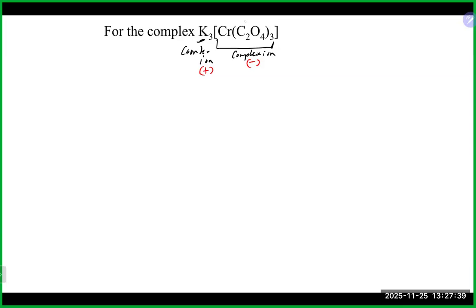That is oxalate, which is -2. There's three of them, which is -6. That is our +1 for potassium, but there's three of them, which gives us +3. So we have a +3 and a -6. Again, this coordination compound is neutral. That means the chromium here would be +3 as well.